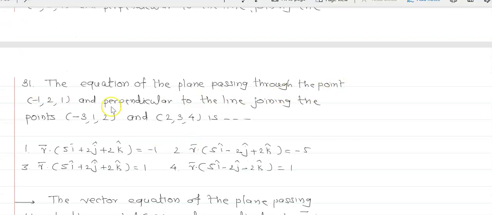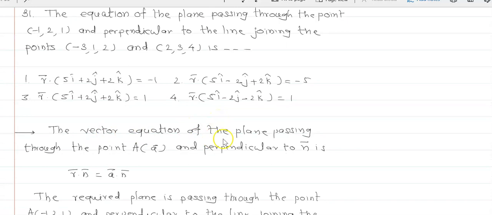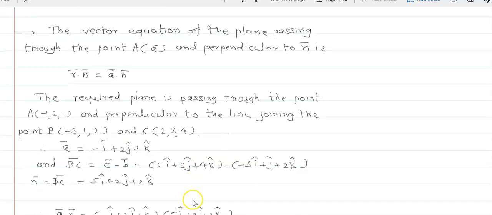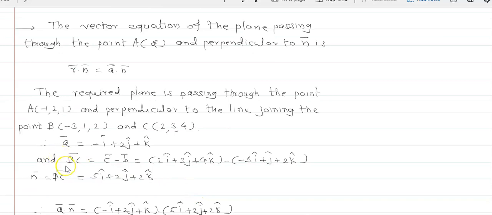The equation of the plane passing through the point and perpendicular to the line joining these points. Therefore, the vector equation of the plane passing through this point and perpendicular to n bar is r bar dot n bar is equal to a bar dot n bar. The required plane passes through this point and perpendicular to this line. Therefore, A bar is minus i plus 2j plus k, BC is C bar minus B bar.